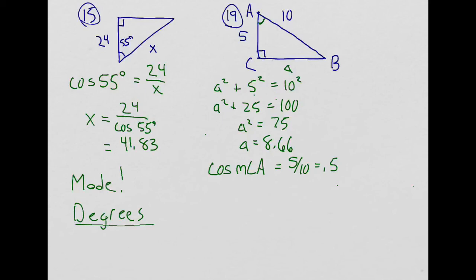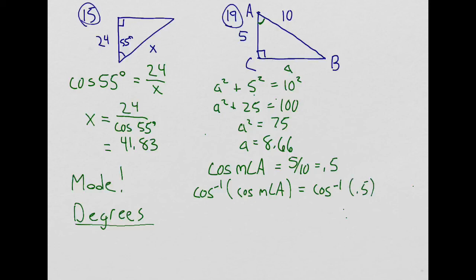So to both sides, I'm going to write it like this: cosine to the negative 1, which means inverse. I'm doing the inverse cosine of both sides, on the left and the right.